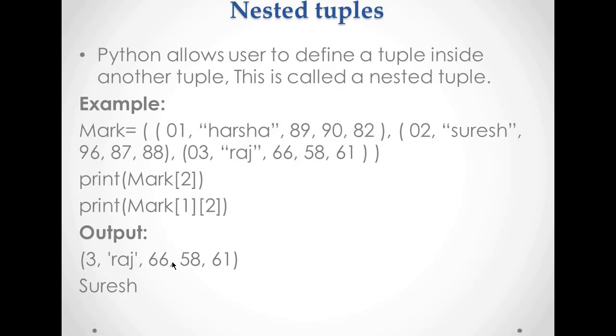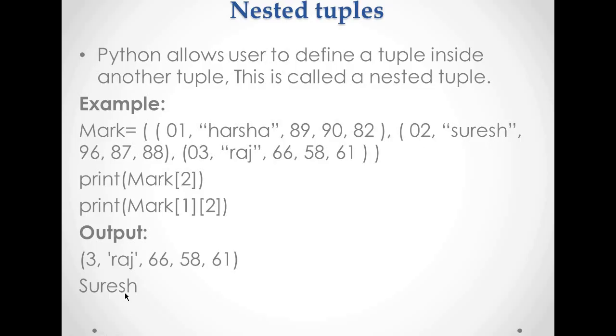Sorry, by mistake I have said it wrong. What we have mentioned is that we need to print the inner tuple which is at the index 1, and inside that inner tuple we need to mention the second element, which means Suresh.